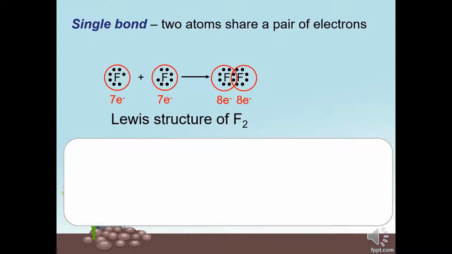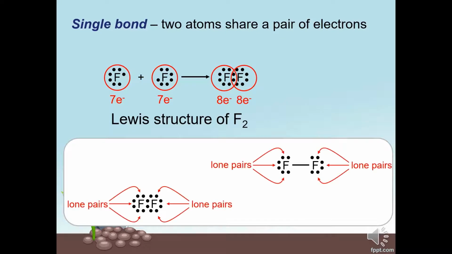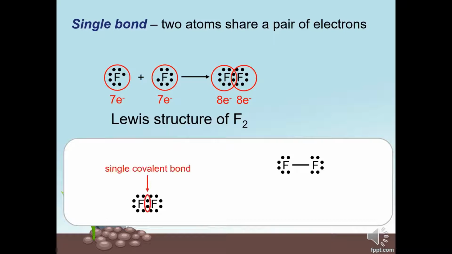So they are going to form noble gas configuration, complying to the octet rule. Shown to you here are the 3 lone pairs belonging to each of the fluorine atoms in the covalent compound.